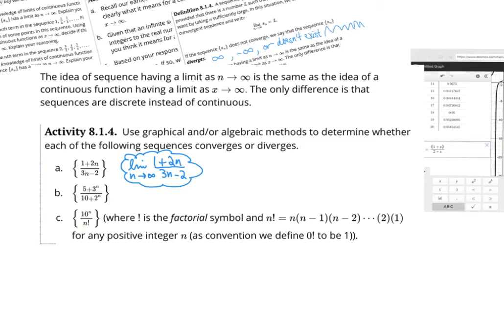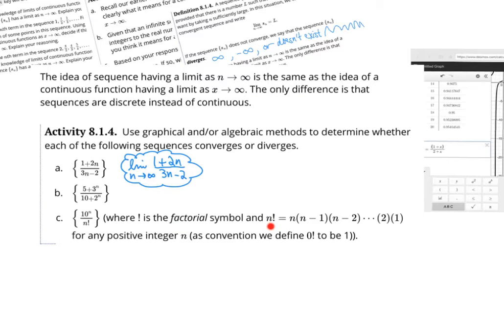Part C is the one I want to give you the most help with right now, because it's going to involve something very different from what you've worked with before. It says 10 to the n over n factorial is the formula that gives us each term in this sequence. You may or may not have seen this exclamation point. It's factorial. So we say n factorial.